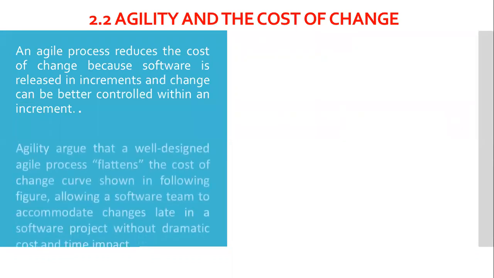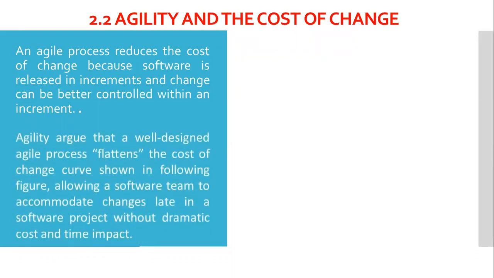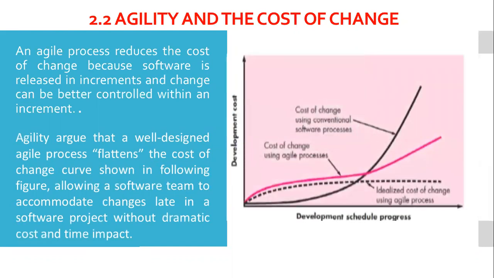Agility proponents argue that a well-designed Agile process flattens the cost of change curve shown in the following figure, allowing a software team to accommodate changes late in the software project without dramatic cost and time impact. When the incremental delivery is coupled with other Agile practices such as continuous unit testing and pair programming, the cost of making a change is lessened.